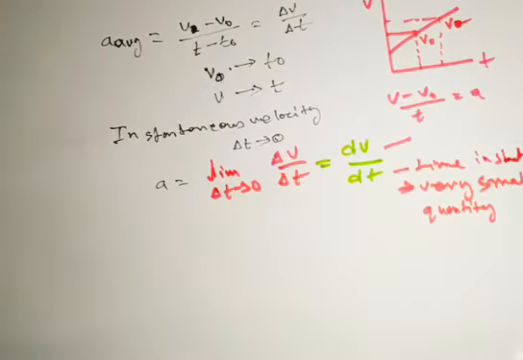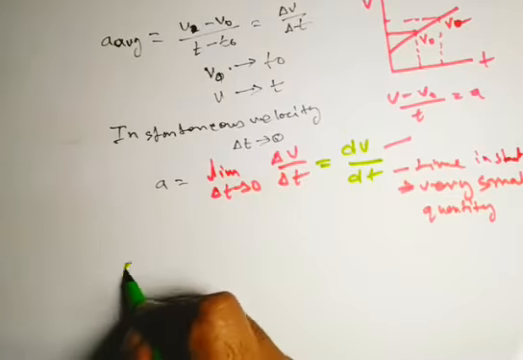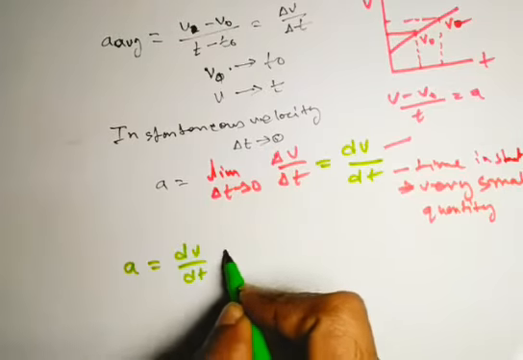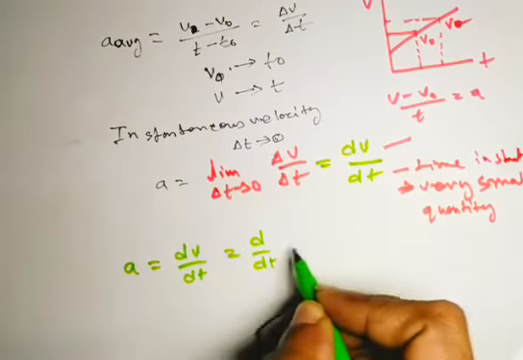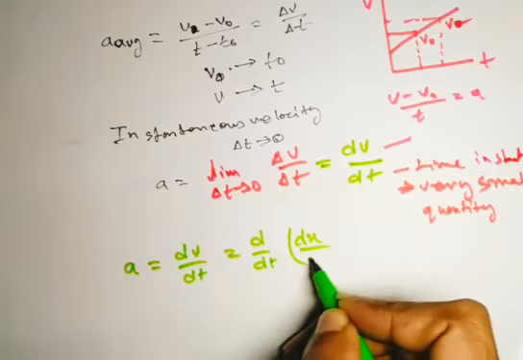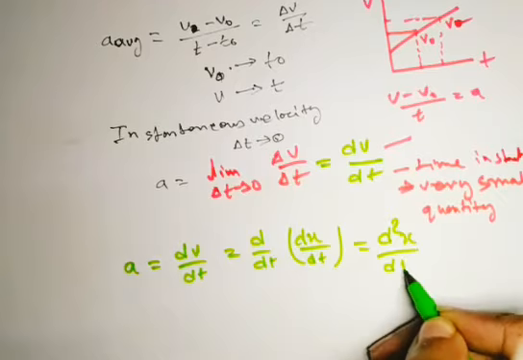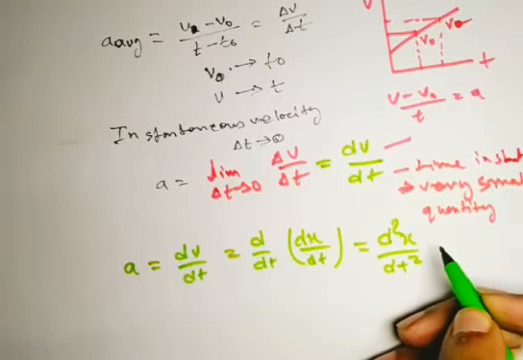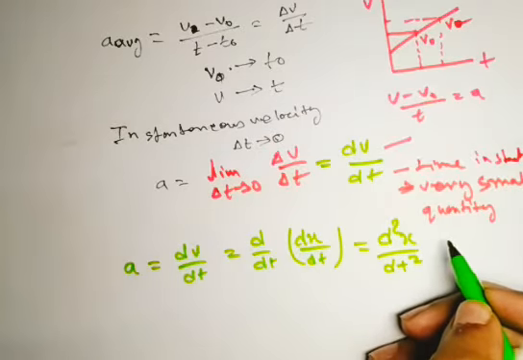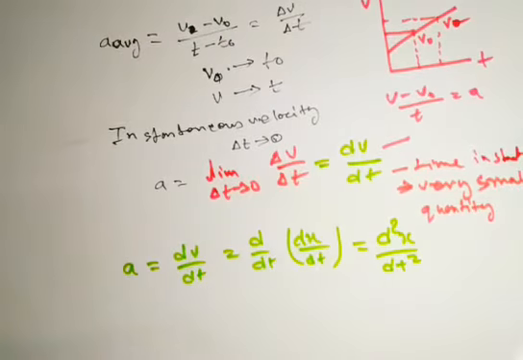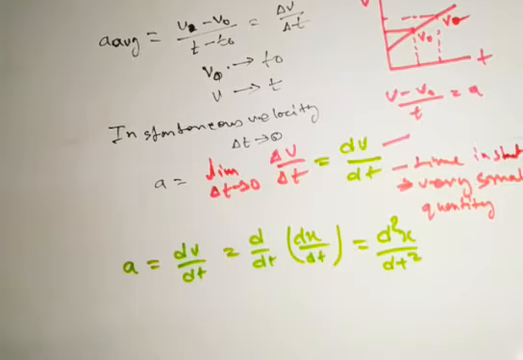In other words, we can also write it as a equals dV upon dt equals d upon dt of dx upon dt, which is equal to d square x upon dt square. So this is another way we can write the instantaneous acceleration.